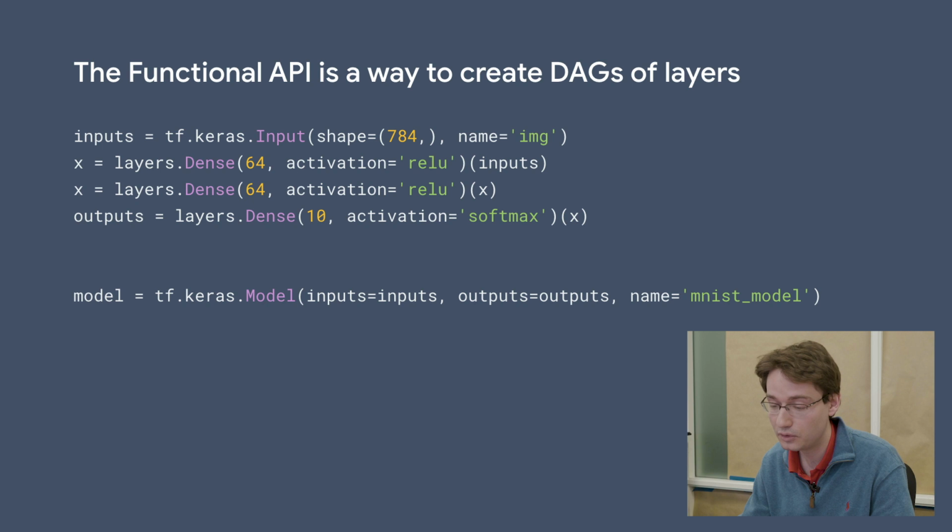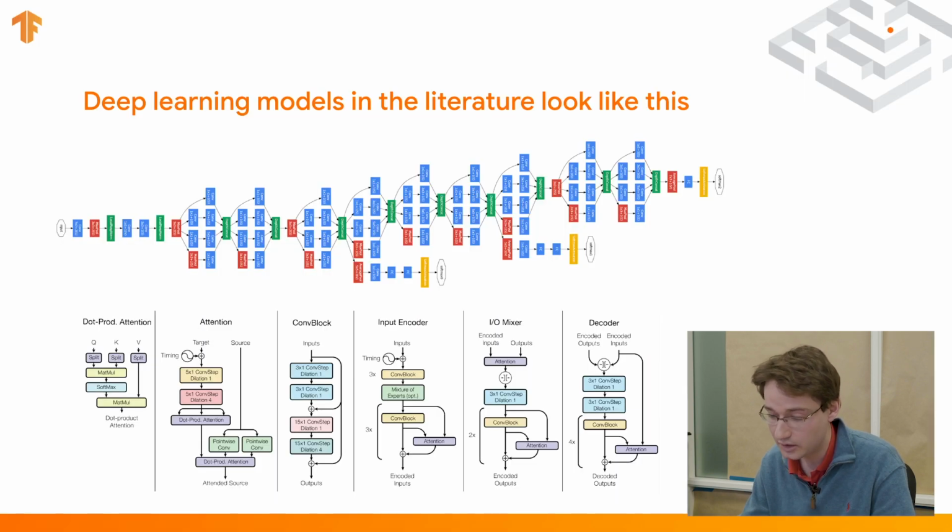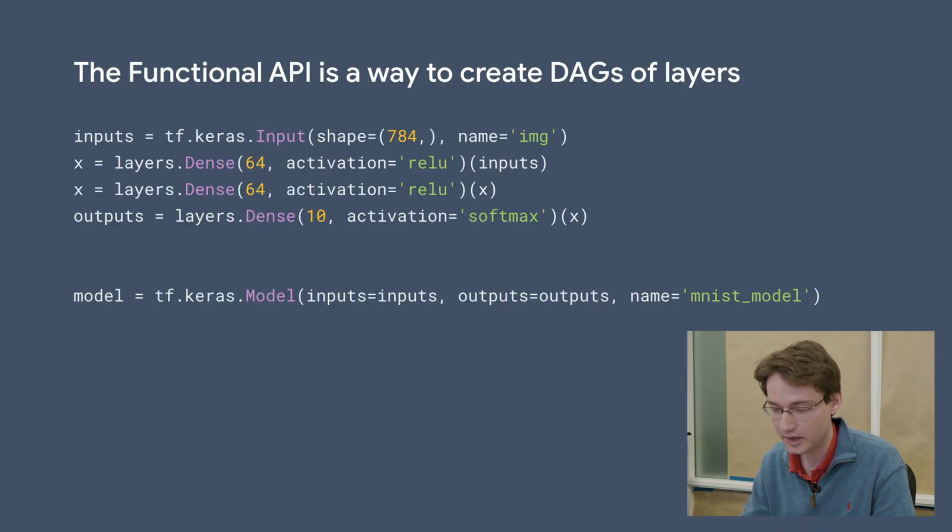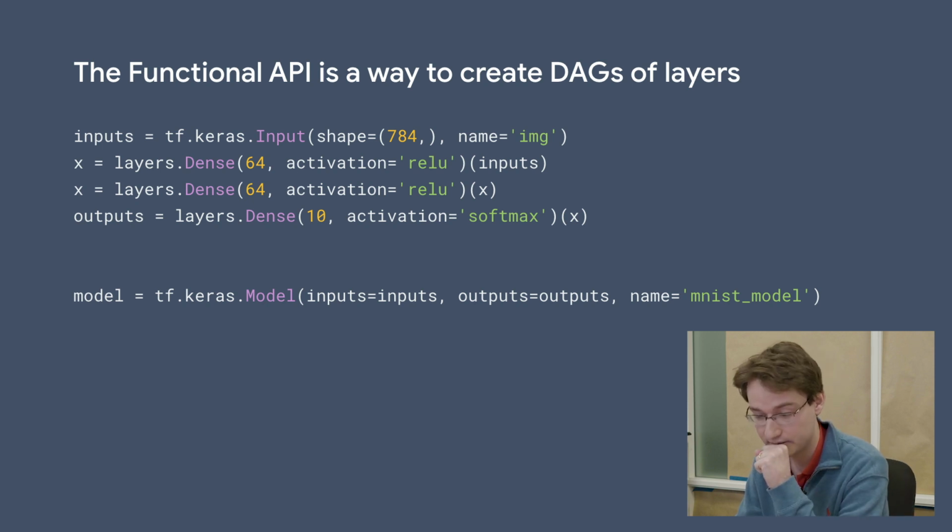Every time you call a layer, that's roughly the action of drawing an arrow from one layer instance to the next. So here you have one input node and 2 layers, and you're drawing an arrow from the input node to the first layer, then an arrow from the previous layer to this new layer, and doing that for the output layer finally.